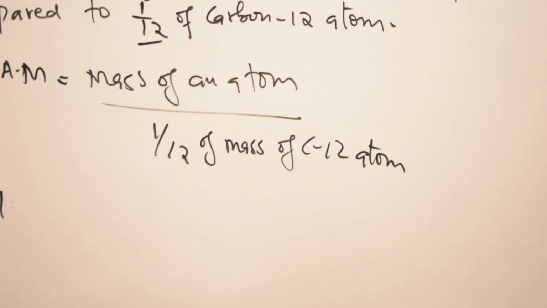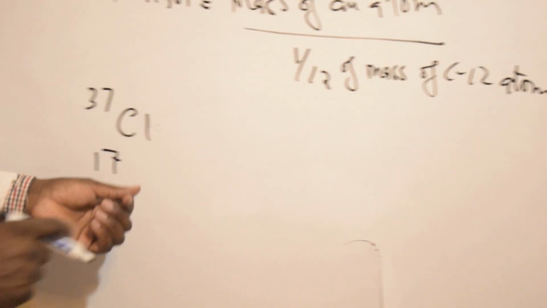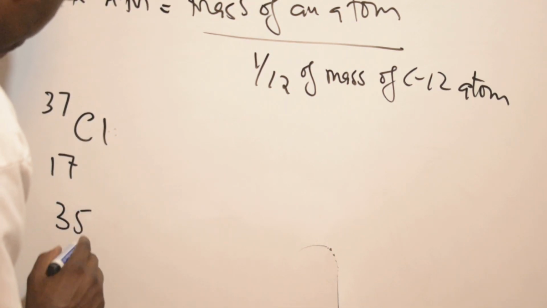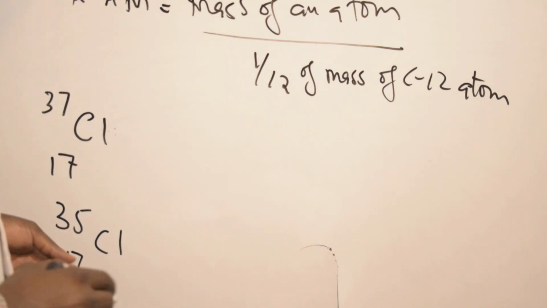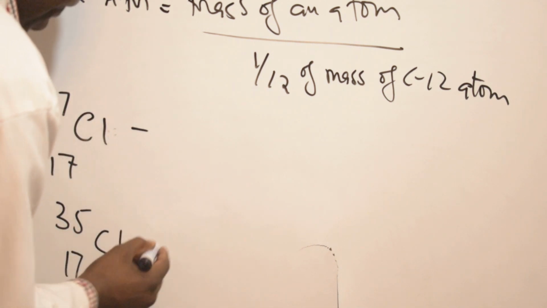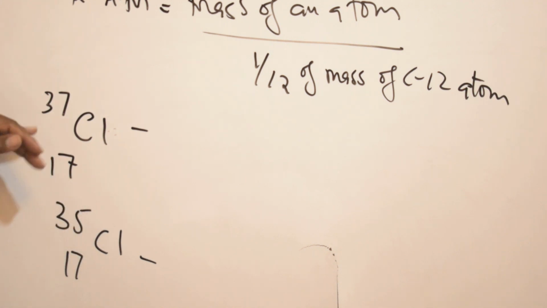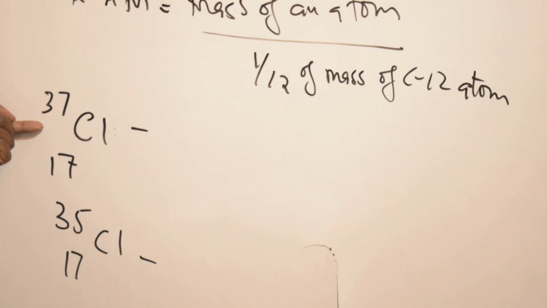I'm going to represent them: chlorine-37 with atomic number 17 is one of the isotopes of chlorine, and the other isotope is chlorine-35 with atomic number 17. The first one has a mass number of 37, and the other one has a mass number of 35.